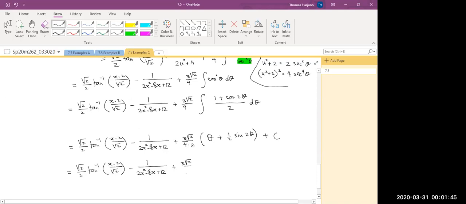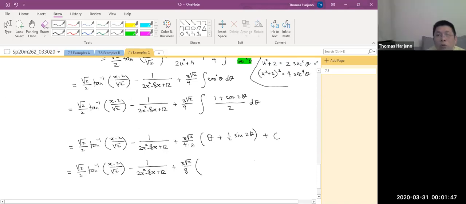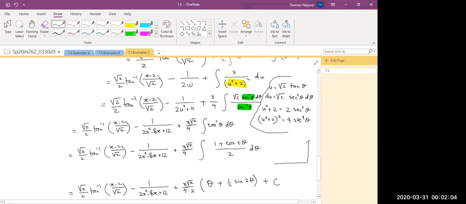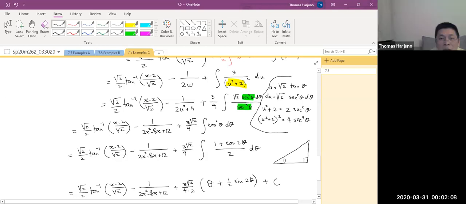This now becomes 8. Now I need to look back at what my theta is. My tangent theta is u over radical 2. Oh, this is a long question, huh? If this is theta, this is u, this is radical 2, so this is the square root of u squared plus 2.